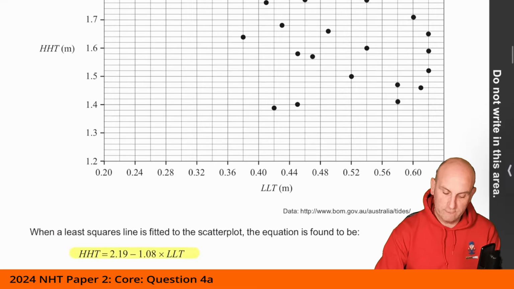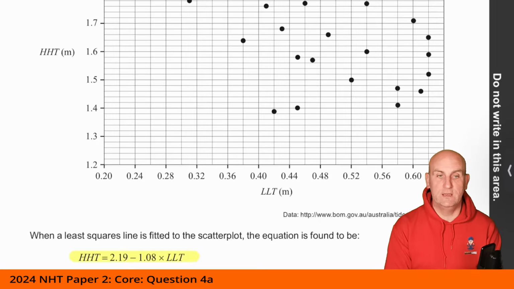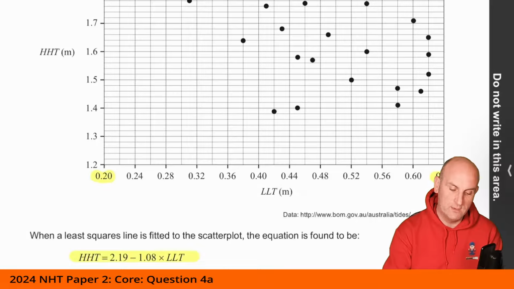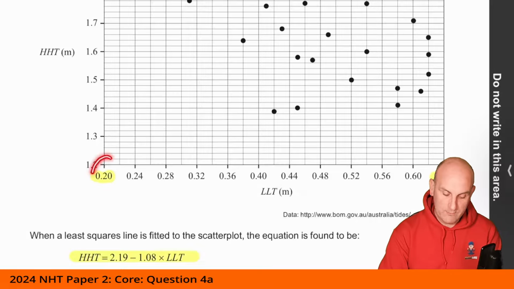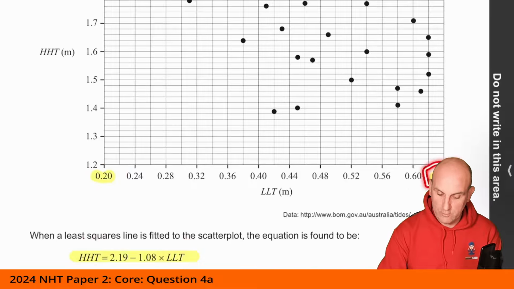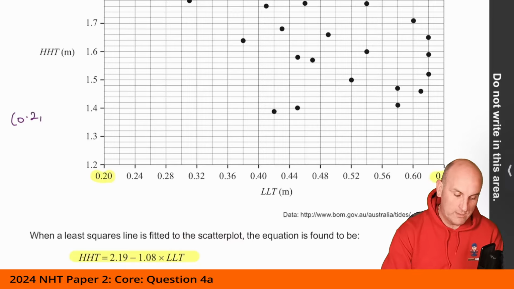Right. Now, I'm going to run out of space. But what I know is, and this is such a standard question, and it always worries me and upsets me a little bit when people lose this mark quite needlessly. The lowest value on my scale is 0.2 and the highest is 0.64. So almost formulaically, I put 0.2 into here and I work out what my HHT is, and I put 0.64 into here and I work out my HHT. Now when I do that, and again, I've already worked this out, when I put in 0.2, I get 1.974.